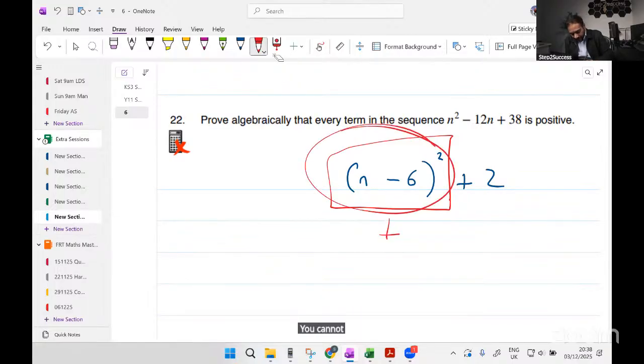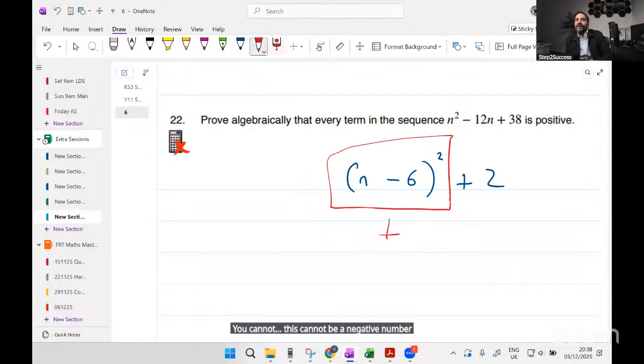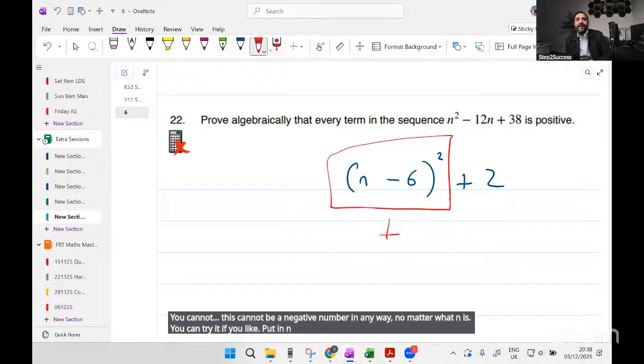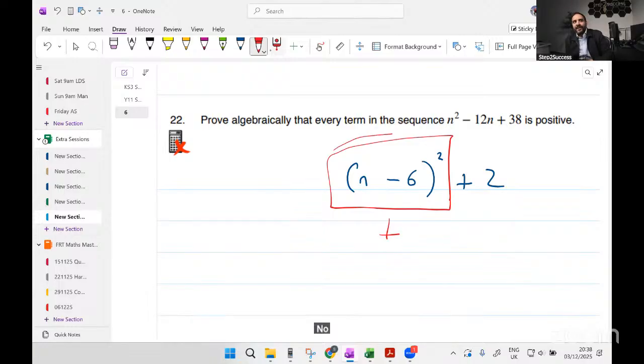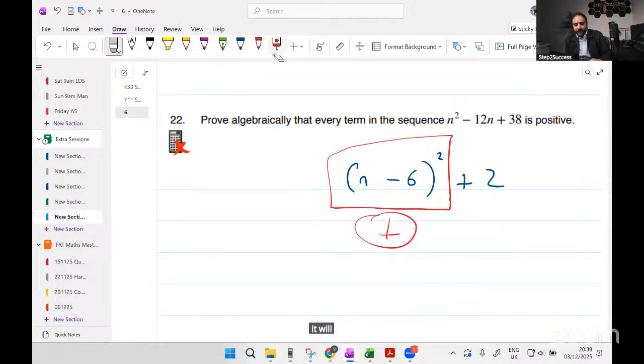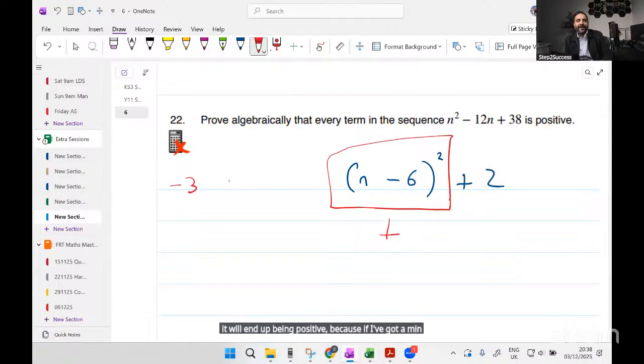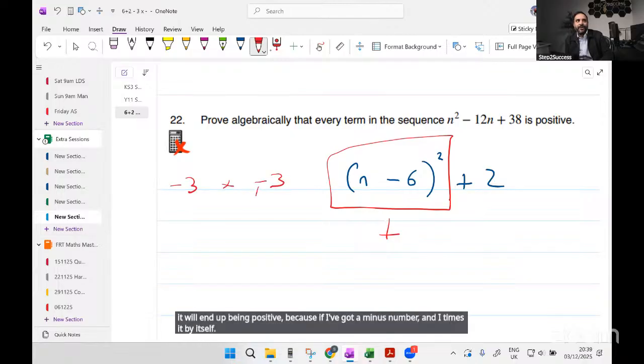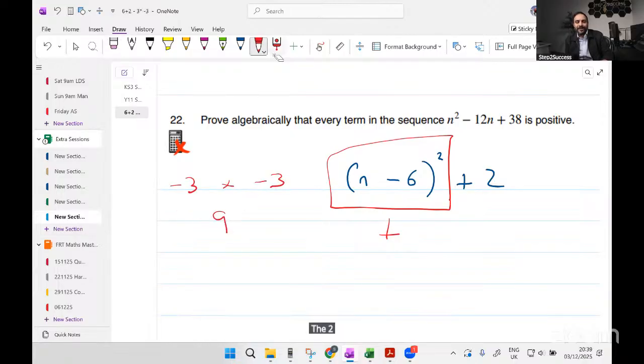This cannot be a negative number in any way, no matter what n is. You can try it if you like. Put in n equals 5, put in n equals 3, put in n equals minus 10. No matter what happens, because you're going to be squaring it, it will end up being positive. Because if I've got a minus number and I times it by itself, the two minuses make it a positive.